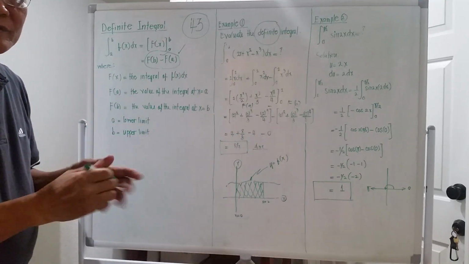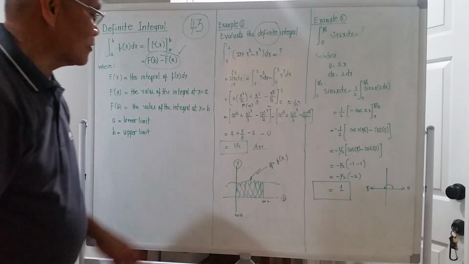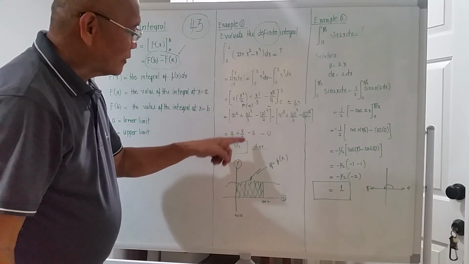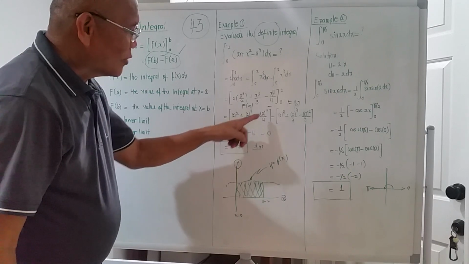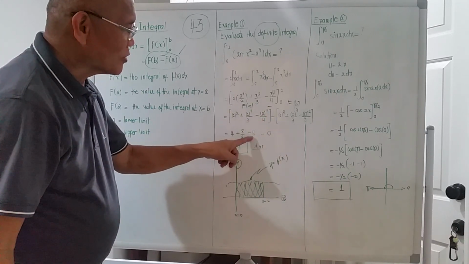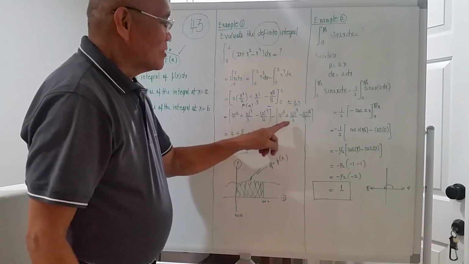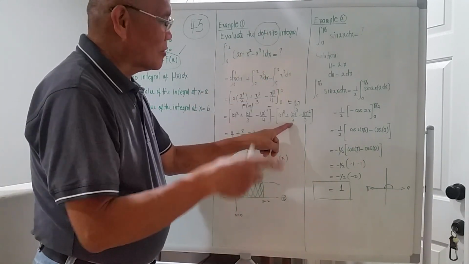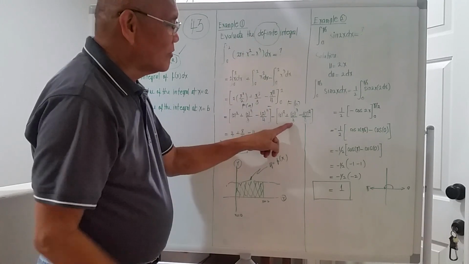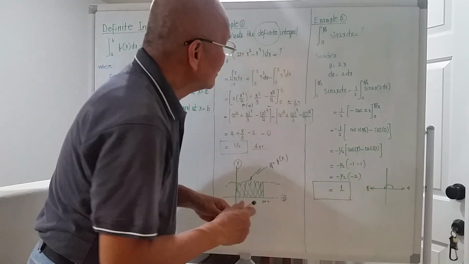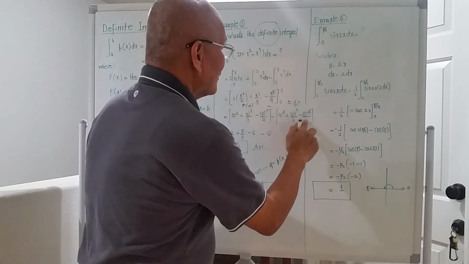It's just a matter of simplification. 2 squared is 4. This will be 8 thirds. This will be 16 over 4. This will be minus 4. 0 squared is 0. 0 cubed is 0. 0 over 3 is 0. 0 to the fourth power is 0 divided by 4.